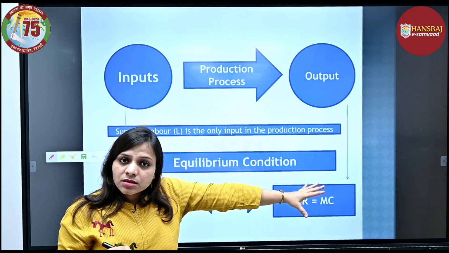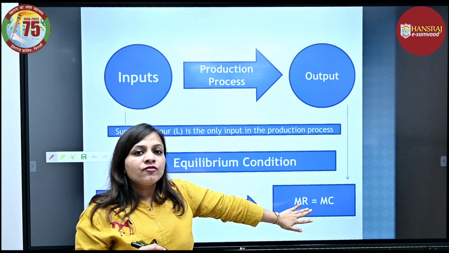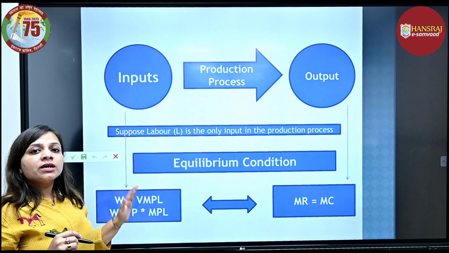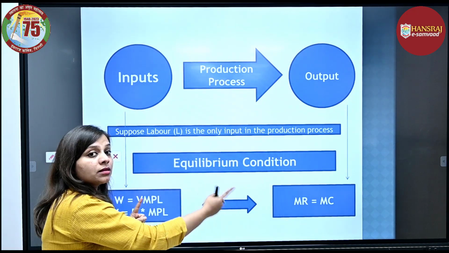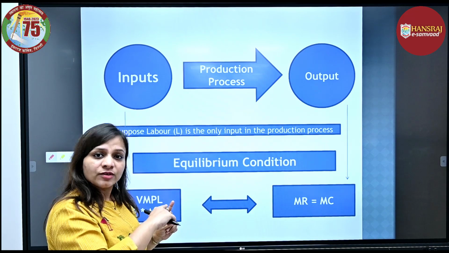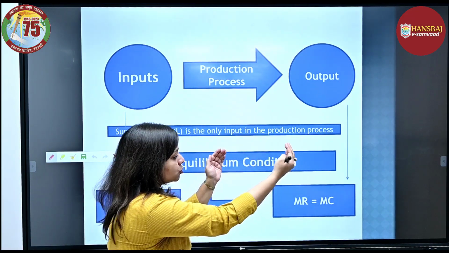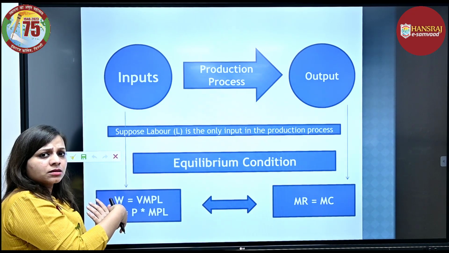Firms are maximizing their profits. This is the profit maximizing condition in output market. This is the profit maximizing condition in input market, and they both are mirror images of each other. So अगर मेरे को ये दिया हुआ है मैं ये आराम से निकाल सकती हूँ, मुझे ये दिया हुआ है तो मैं ये निकाल सकती हूँ.